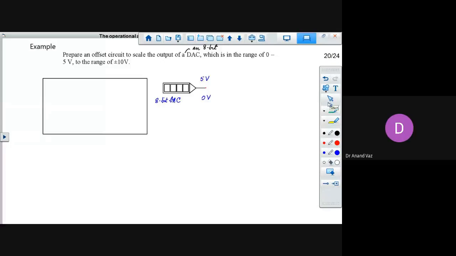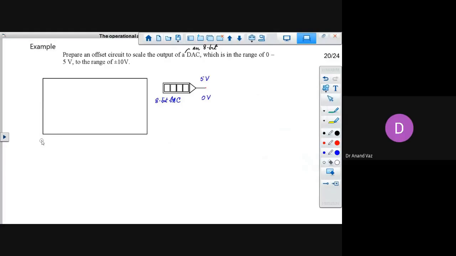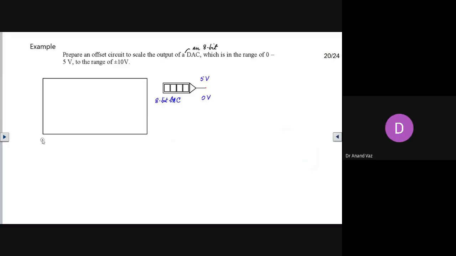So first of all, let us say that we are going from 0 volts to 5 volts. So our DAC can take values. So let's say this is VDAC.